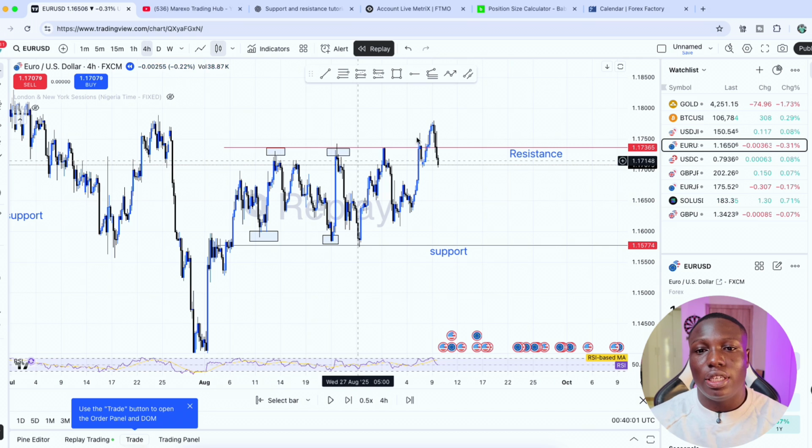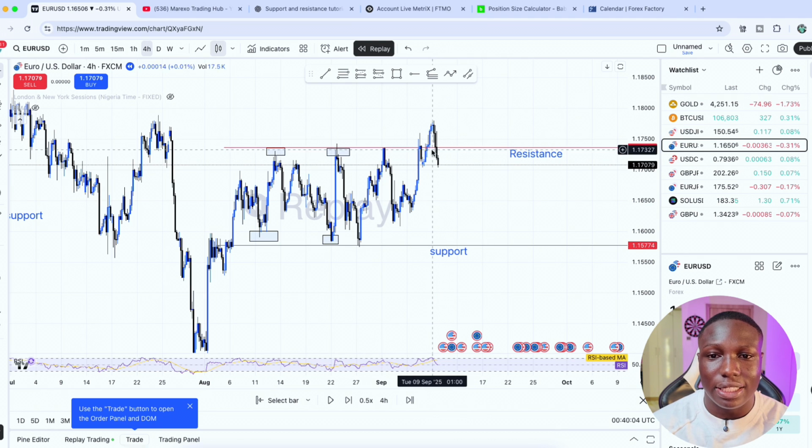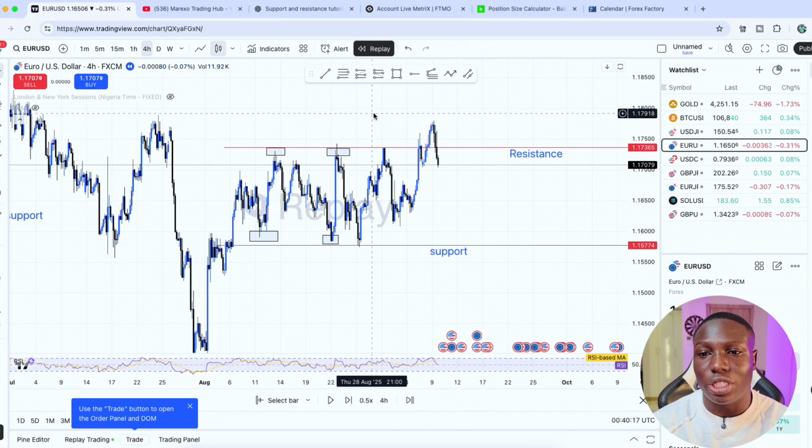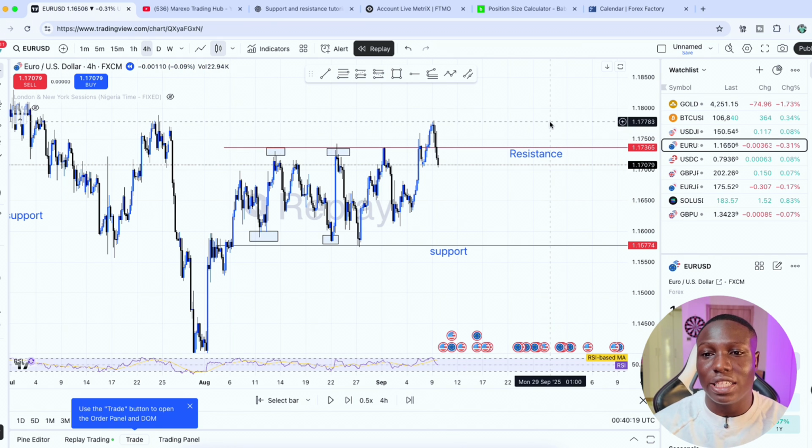In technical analysis, how do we mark a support and resistance zone? How did I determine my support zone and my resistance zone? It's simple. You just have to find on your chart where price has reacted on a horizontal line twice.